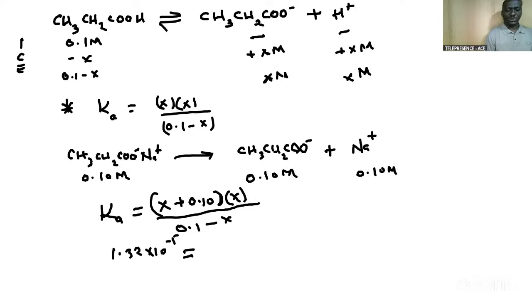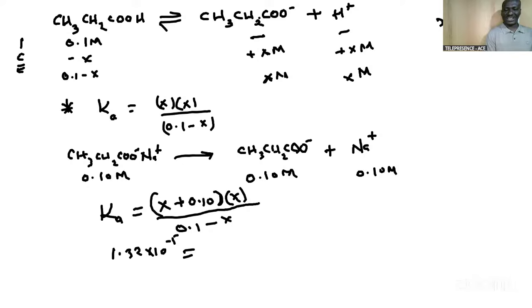That will be equal to, since X is far, far less than 0.1, how do I know that? This is a salt. It's ionized completely, and of course we're going to have 0.1 here. However, this is a weak acid, as you can see from the value of its dissociation constant.